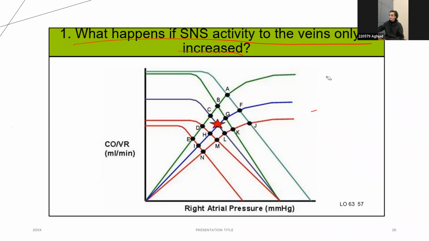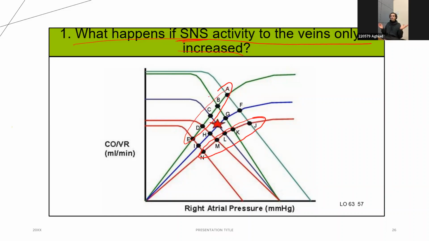All right. So now we just said the sympathetic nervous system activity to the veins only is increased. That means constriction. Is that clear? So constriction of the veins pumps the blood to the atria, right? And so we did not talk about any changes in cardiac function. No contractility is affected. So we can eliminate everything from here.